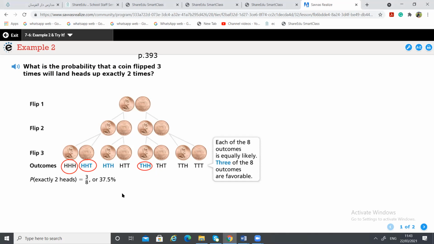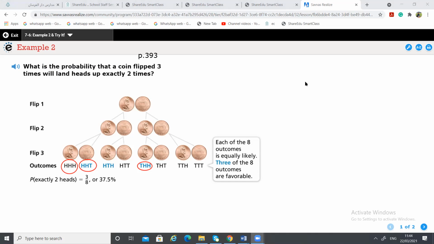37.5, is it likely or unlikely? 37.5%. Noor, is it likely or unlikely?